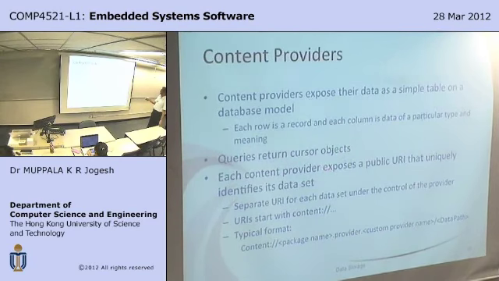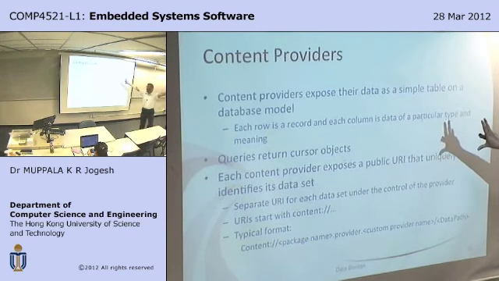Every content provider exposes a public URI, Uniform Resource Indicator, that uniquely identifies its data set. So, for example, a single content provider can provide four different URIs if it wants. If you do a query using one particular URI, it may return only some part of the data that it stores. If you use a different URI, it may return some other part of the data.